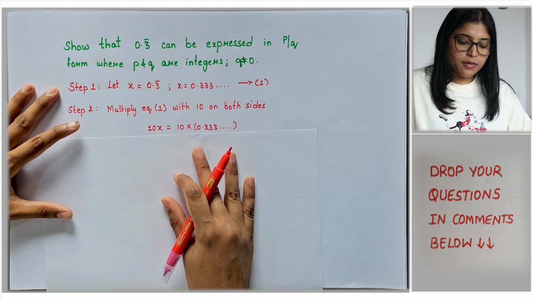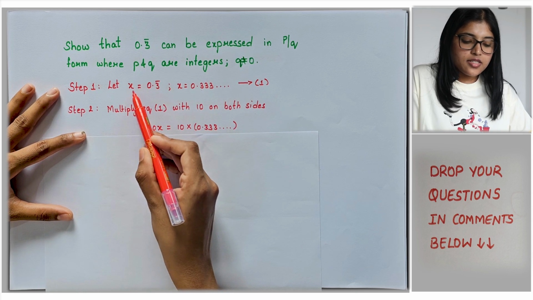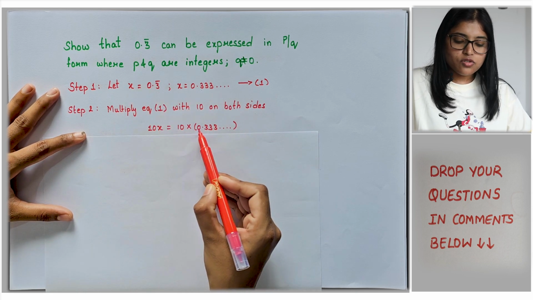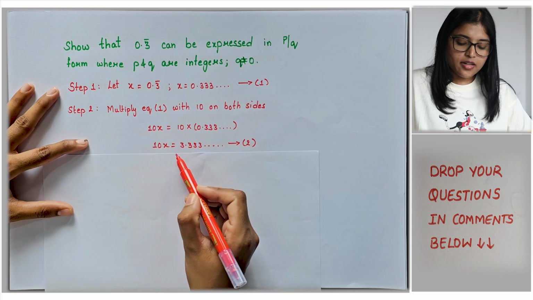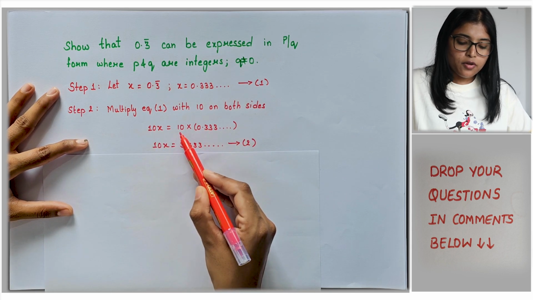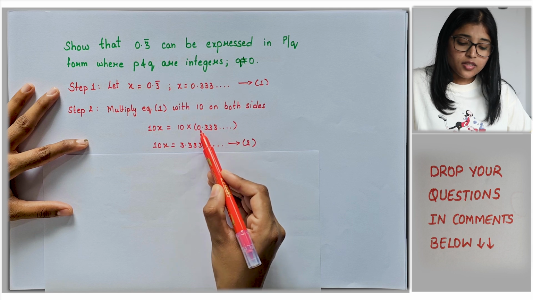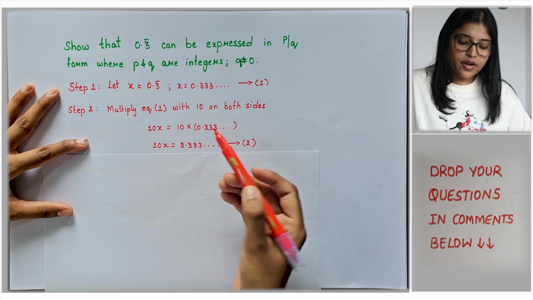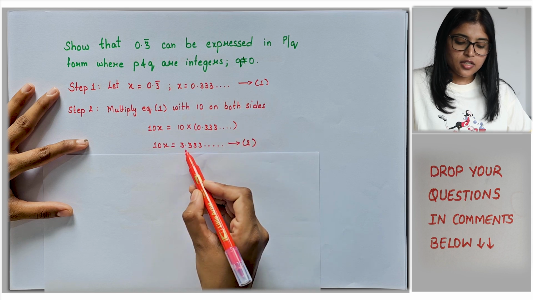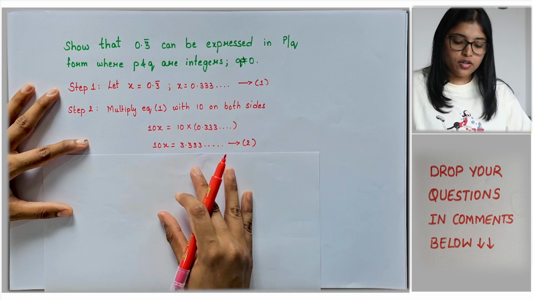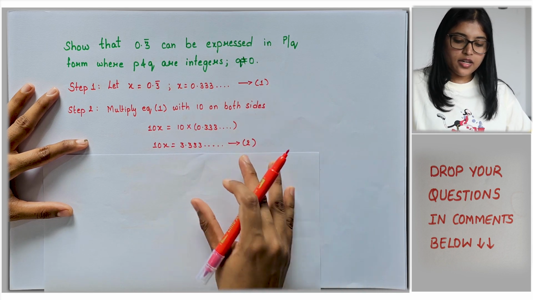So when we multiply with 10 on both sides, that is 10 into x equals 10 into 0.3 bar, is going to result in 10x equals, so upon multiplying with 10, the decimal will be moving by 1 point and 3 will move to this side. However, 3 will still be recurring. So 3.333 and so on. Now we have equation 1 and equation 2.